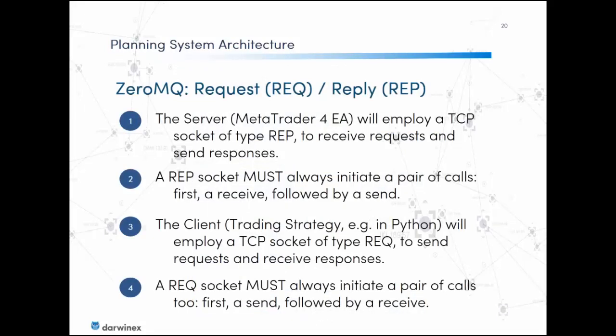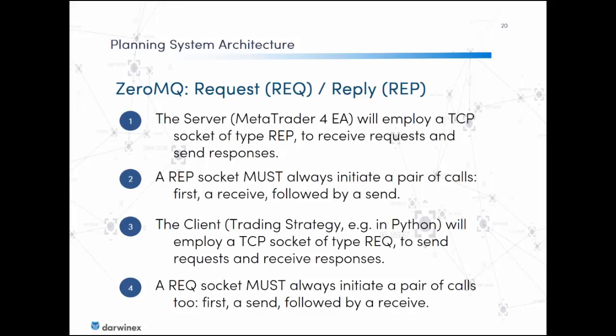So let's describe the request-reply pattern in a little bit of detail. The server in our example here is a MetaTrader 4 expert advisor, and it will employ a TCP socket of type reply to receive requests and to send responses. A REP socket must always initiate a pair of calls.